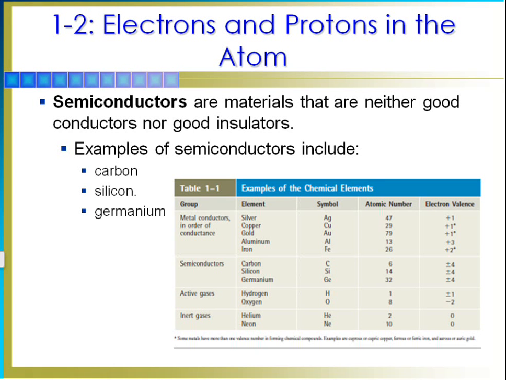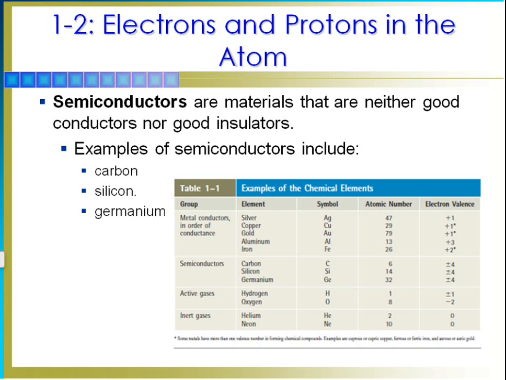Paper is a pretty good insulator. However, paper can build up a charge. And that charge means that it can store a charge. We call that a dielectric. So a dielectric is a material that is good at storing a charge.